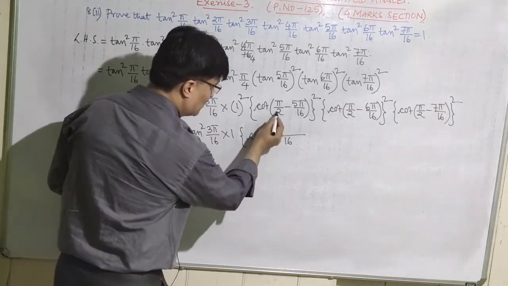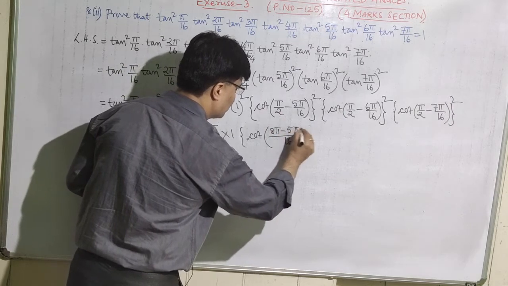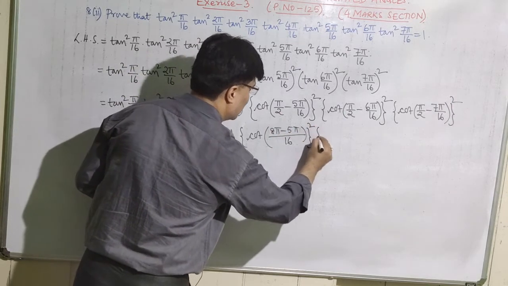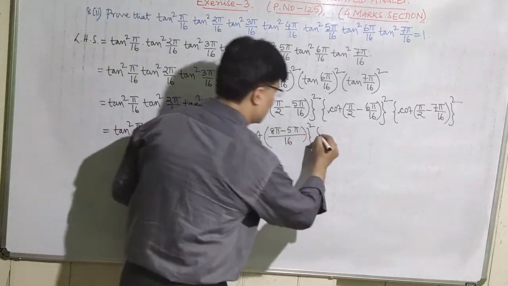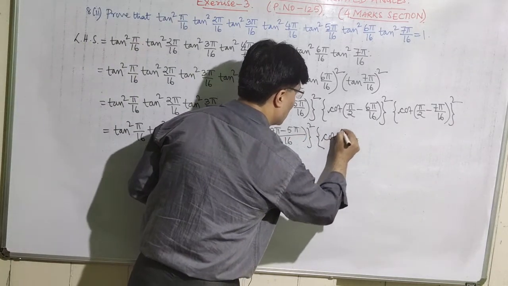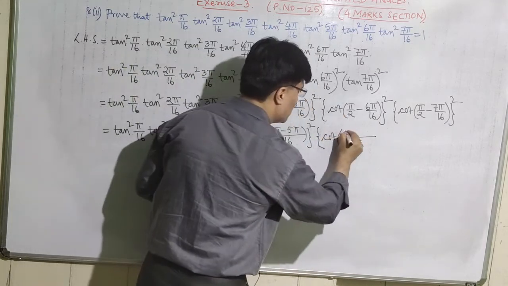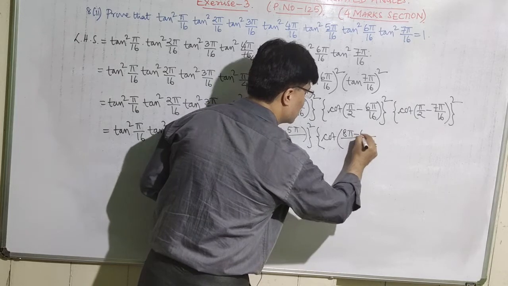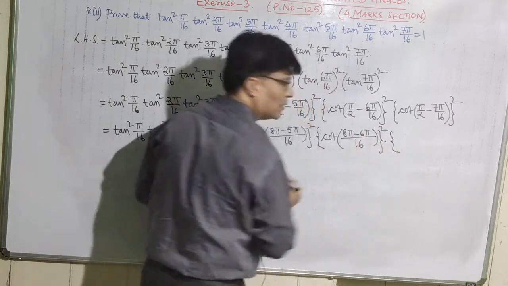So 16 divided by 2 is 8. So it is 8 pi minus 5 pi whole square. Is that clear? Similarly, take the LCM here. Cot within bracket, what's the LCM? It is 16. So it is 8 pi minus 6 pi whole square.